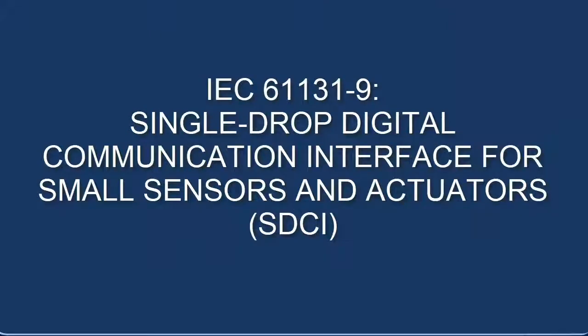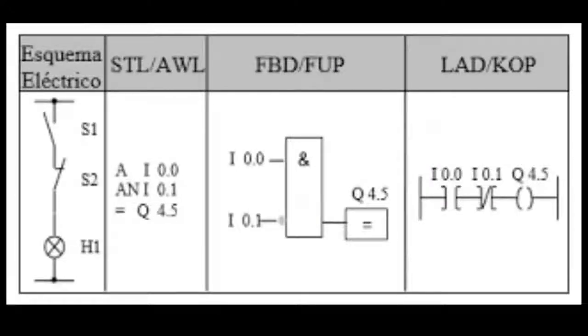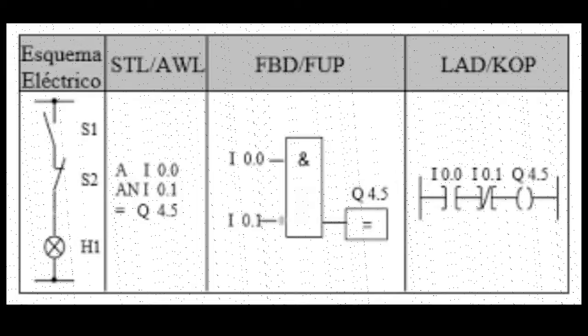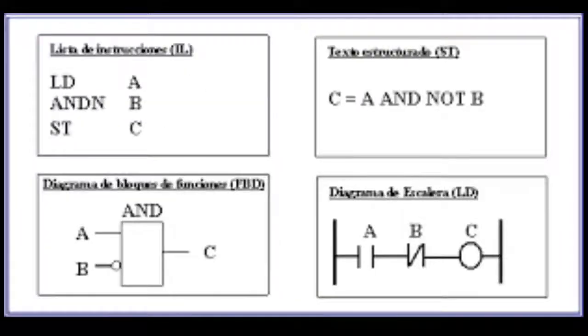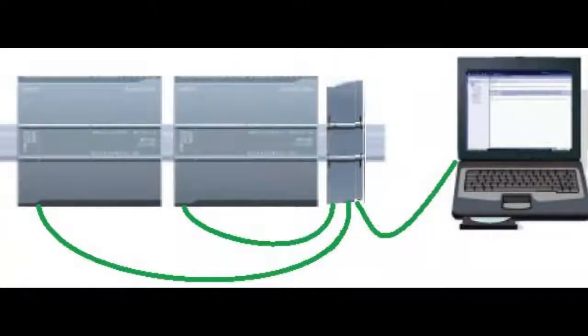IEC 61131-9, Single-drop digital communication interface for small sensors and actuators. This is the part specifying a single-drop digital communication interface technology for small sensors and actuators, SDCI, also known as IO-Link, which extends the traditional digital input and digital output interfaces defined in Part 2 towards a point-to-point communication link.